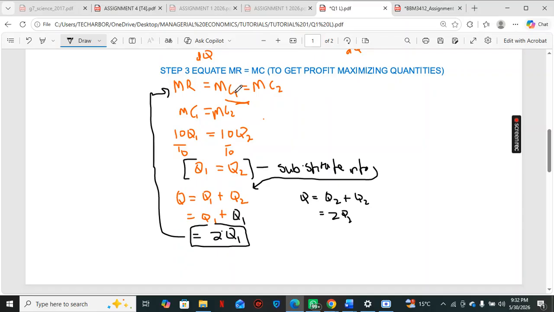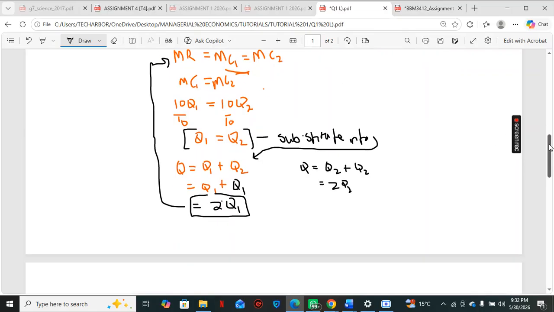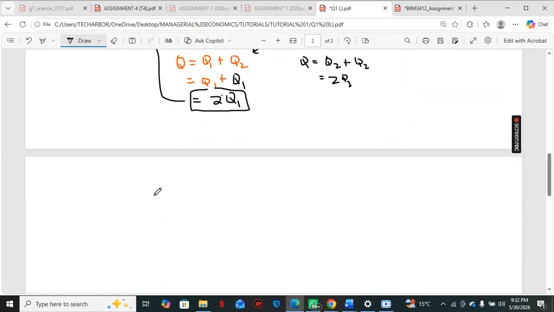We're going to use one marginal cost here. So we come back to the point of profit maximization: marginal revenue equals MC1, marginal cost 1. Marginal revenue was 1,000 minus Q equals 10Q1.